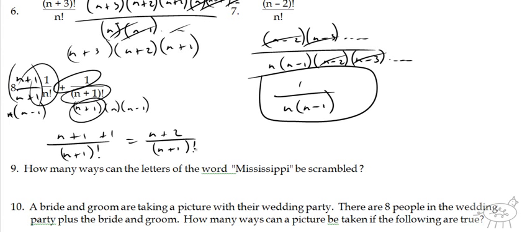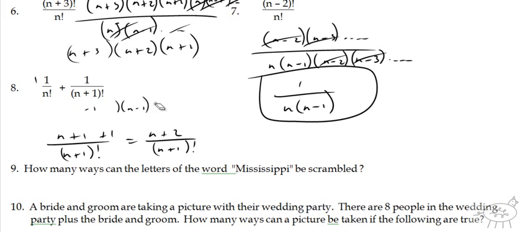Okay? If you don't understand that with variables, let's just check it out with numbers. I'm going to erase this a little bit here so we can see a couple of things. Okay. So let's think of it as a number. If I do 1 over 5! plus 1 over 6!, you guys agree with that? Because it's n+1. Well, isn't this 6 times 5 times 4 times 3 all the way down?